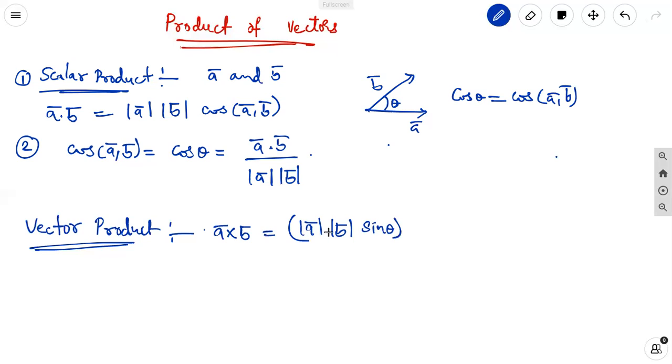Here, n vector is known as the vector product or cross product of A vector and B vector. So, n vector is the unit vector that is perpendicular to both A vector and B vector. Here we are taking this is the A vector.